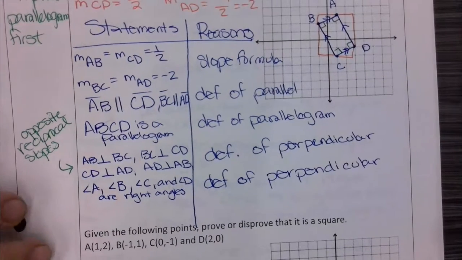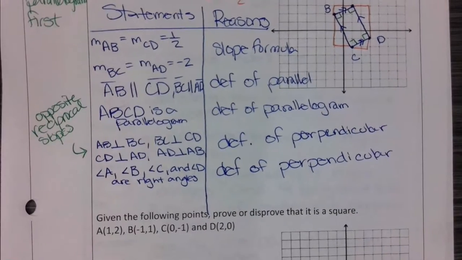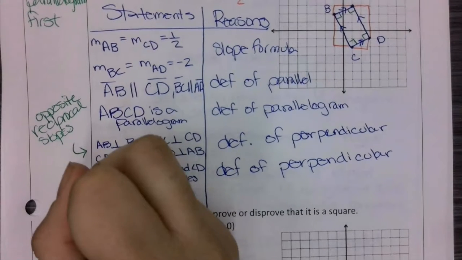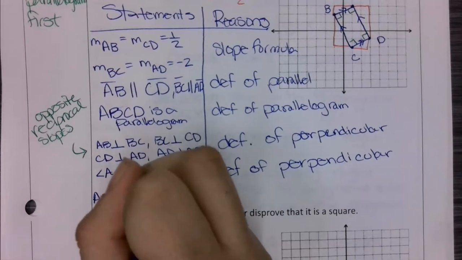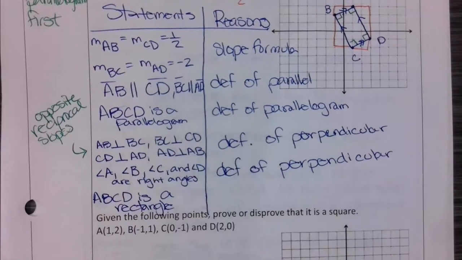Okay. So now that I know I have 4 right angles and 2 sets of parallel lines, what can I say about this shape? Yep.